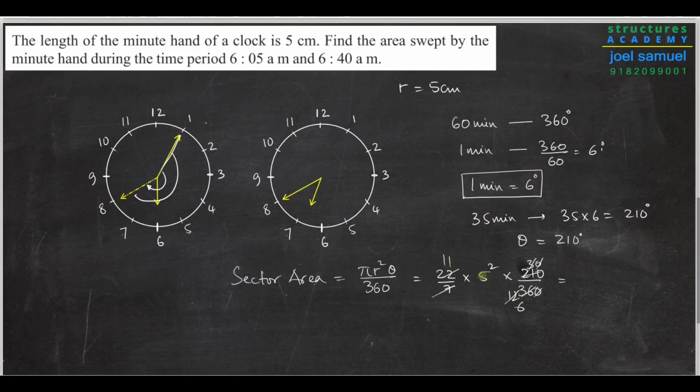So 11 into 25 divided by 6 would give us 45.83 square centimeters. So the area swept by the minute hand is equal to 45.83 centimeters squared. And that is the final answer.